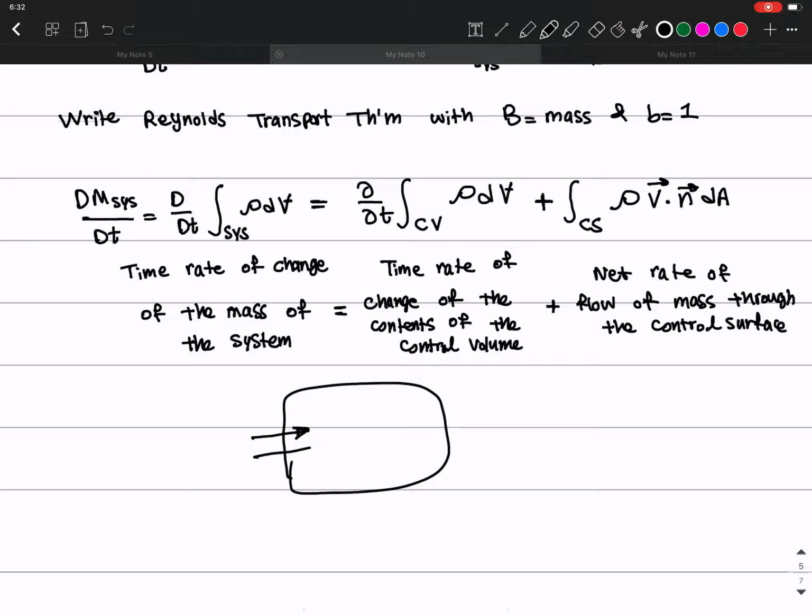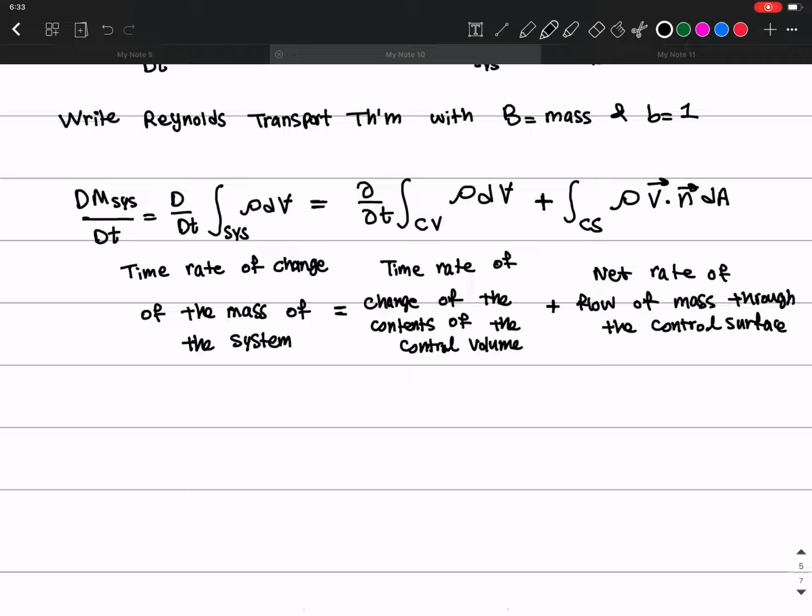So how much is coming in, how much goes out. So the net rate of that through the control surfaces. So these are the control surfaces, right? So this will be the total time rate of change of the mass of the system. Okay. This is what these equations and these integrals mean.